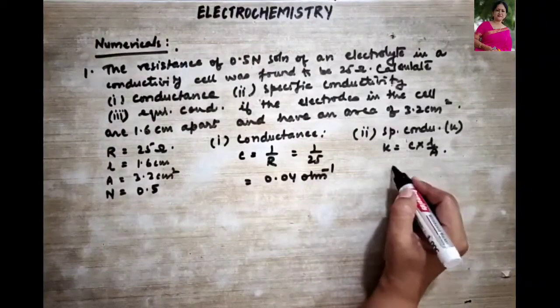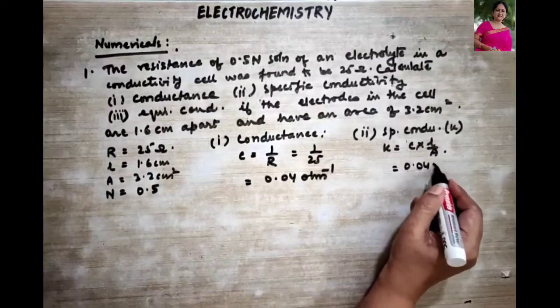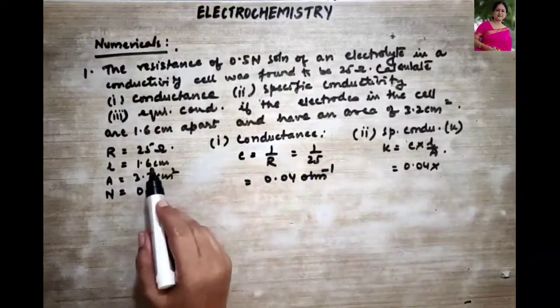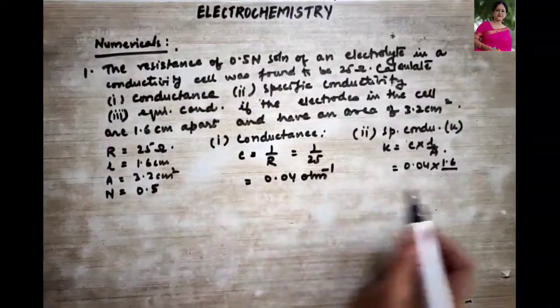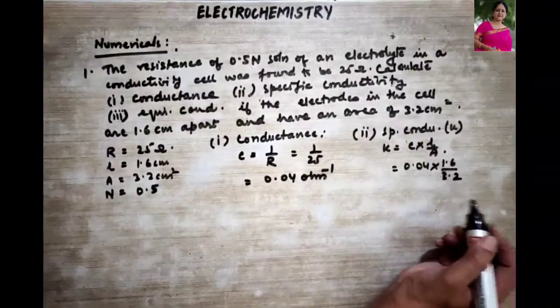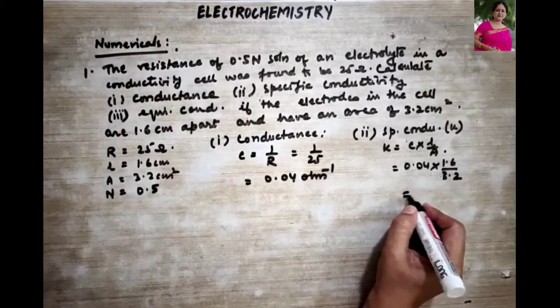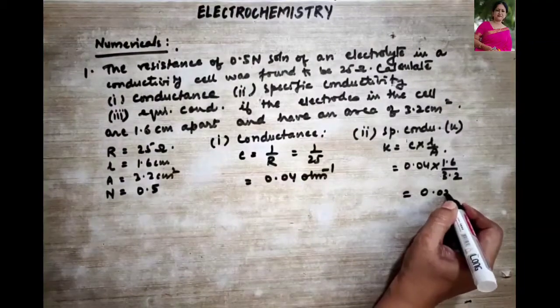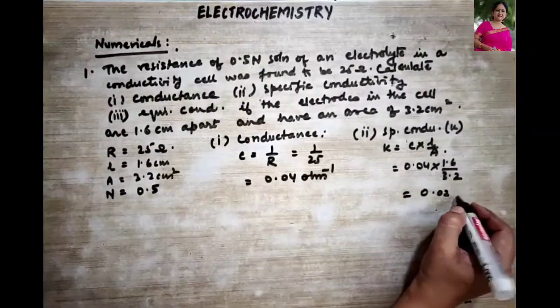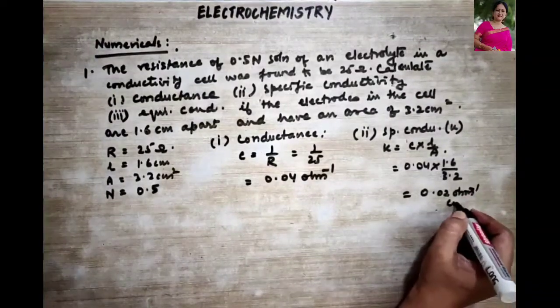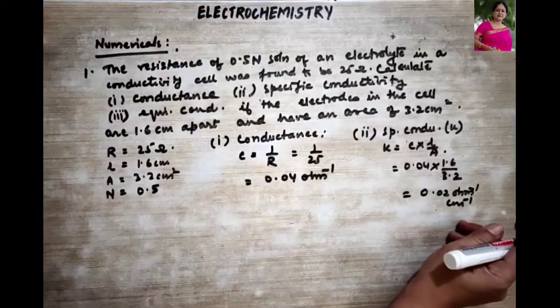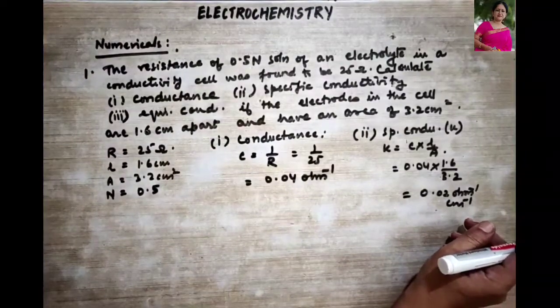Conductance you have already calculated just now, 0.04, into what is the length given to us? 1.6, upon what is the area of cross section? 3.2. If you calculate all this, you get 0.02. What will be the unit? Per ohm per centimeter. Okay, this will be your answer.